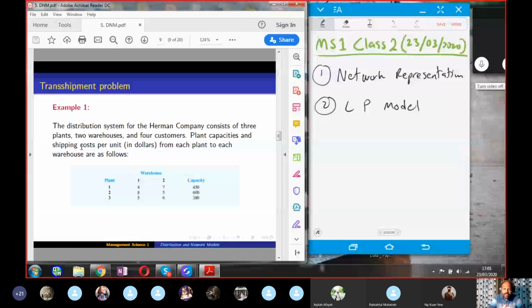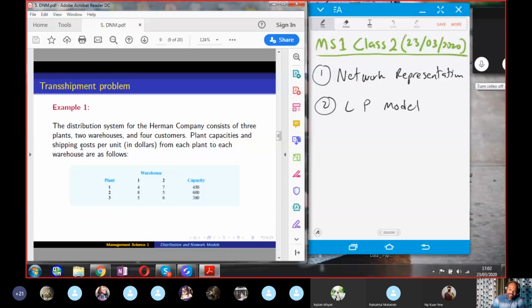Whatever we did here, we didn't do any calculation. We didn't compute or solve anything. From the information given, we just developed the network representation and LP model.